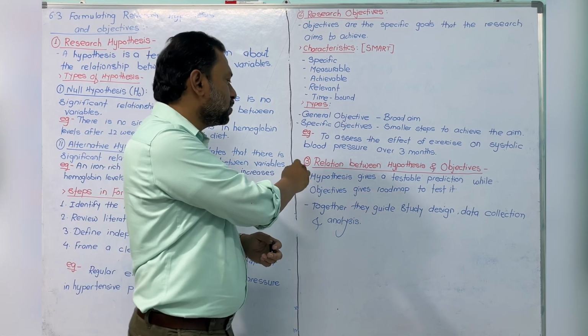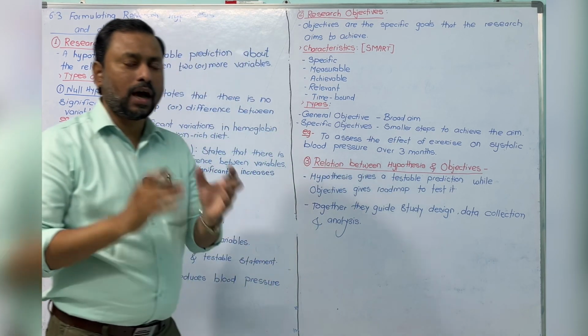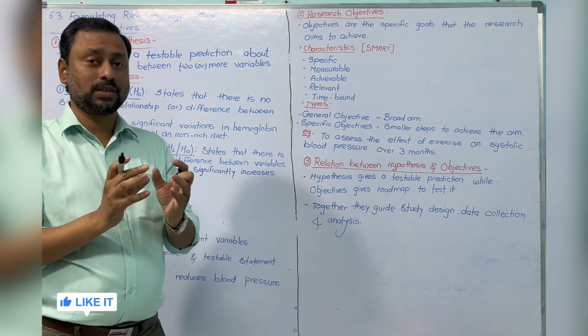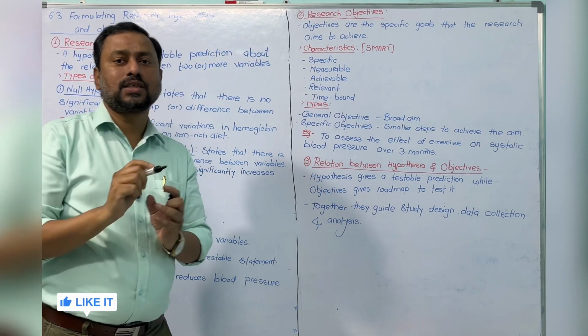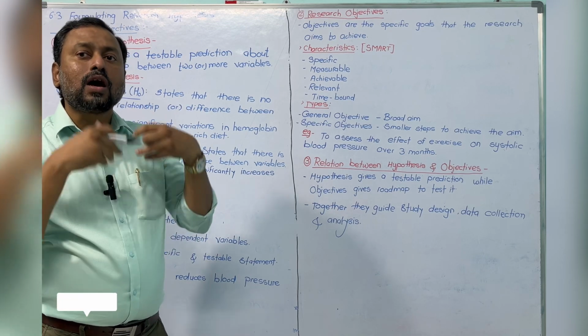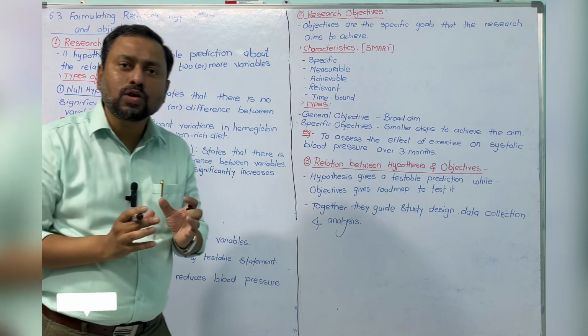Here, the relationship is that the hypothesis gives testable predictions. The hypothesis gives a prediction, and you have to test it. This drug treats that disease. This is your testable prediction, your testable hypothesis. The objectives give the roadmap.